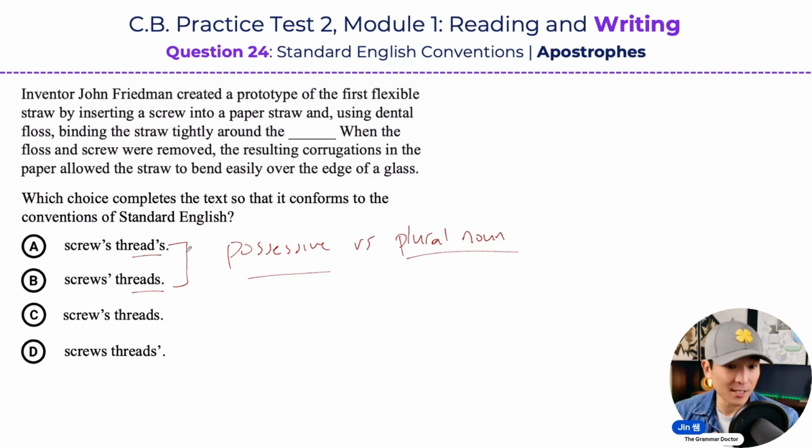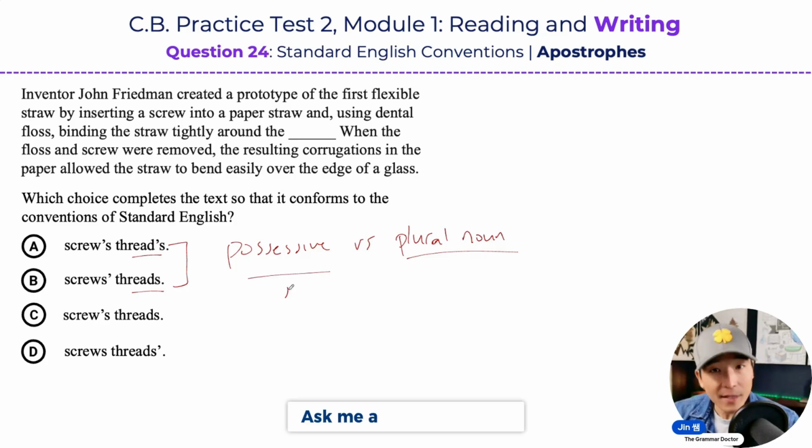If I say Jin's mom, that doesn't mean that I own my mom or that I possess her, but it just means that these two nouns have some kind of relationship with each other. That's the possessive form, when you have the apostrophe with the word. The plural noun is just the noun without the apostrophe. It's like me saying books with the S without any apostrophe, or threads here.